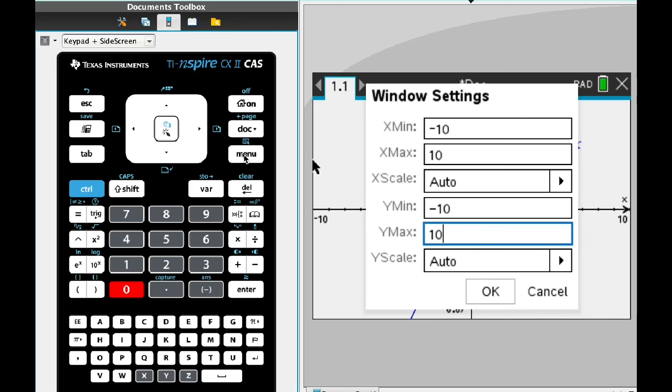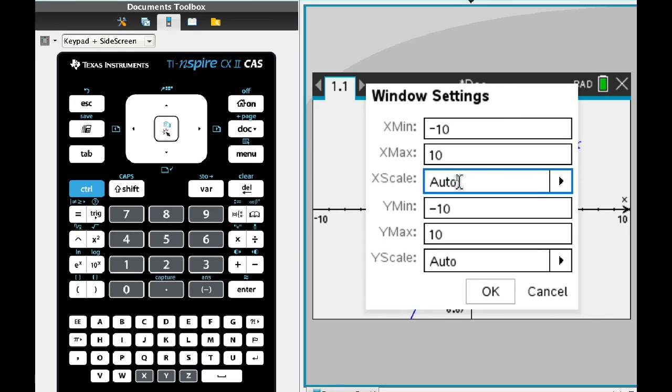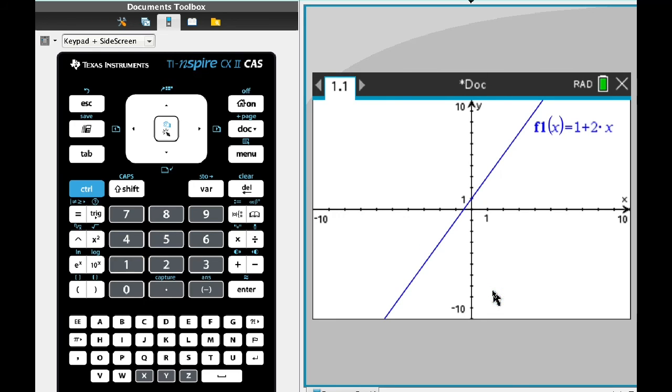This is talking about the little tick marks on the axes. I'm going to set these to being 1. Click OK, and my graph appears. The smallest value on the X axis is negative 10. The largest value is positive 10, and similarly for the Y axis.